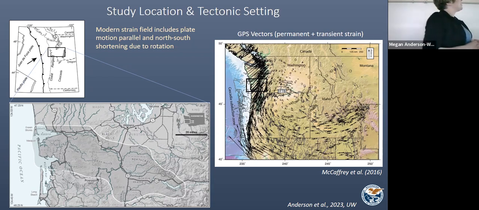And we all know that the modern strain field in Western Washington arises from a combination of plate motion parallel compression and then also north-south shortening due to a rotation of microplates within the North American plate that are well shown by GPS vectors, as you can see on the right. So we have those two forces at play. Our study area in Southwest Washington is shown in the lower left, and you can see the dark gray areas where we did our study. So it's quite a big swath of Southwestern Washington.